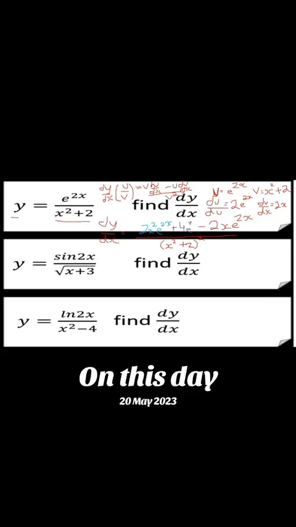Hopefully you can remember that. It's v du dx here, so it's this times this plus this, the same number times 2.